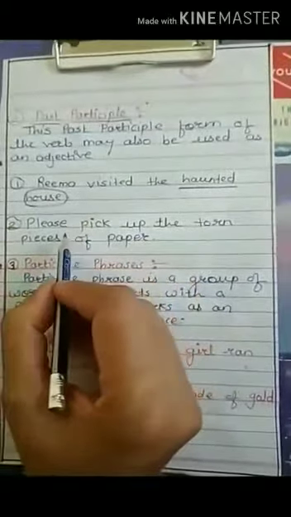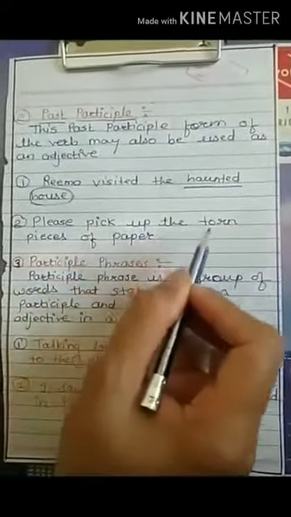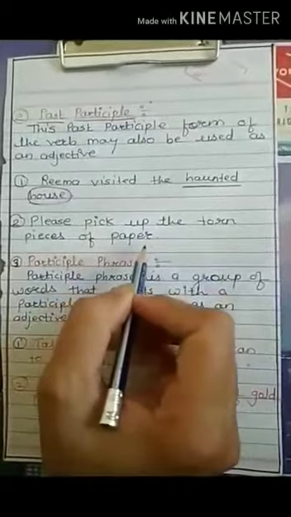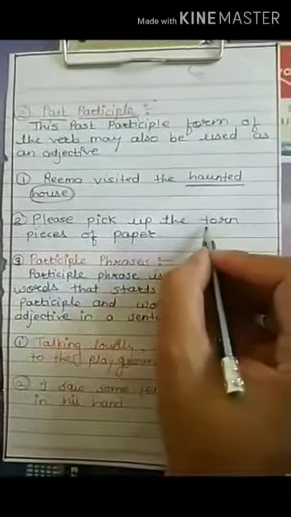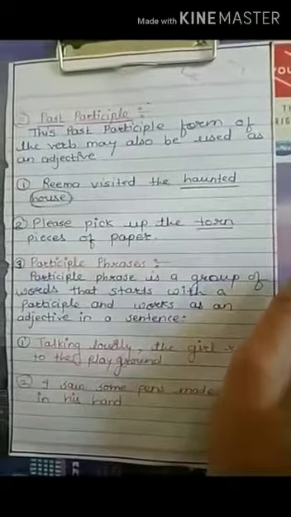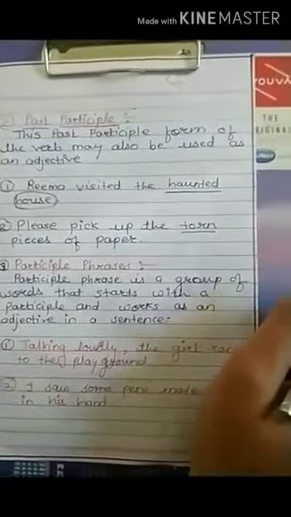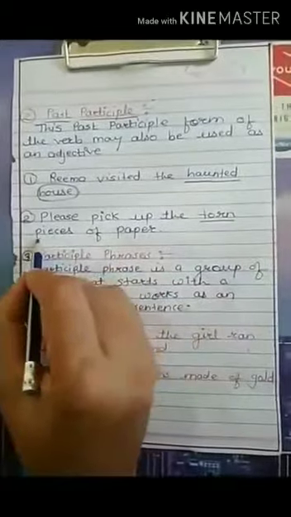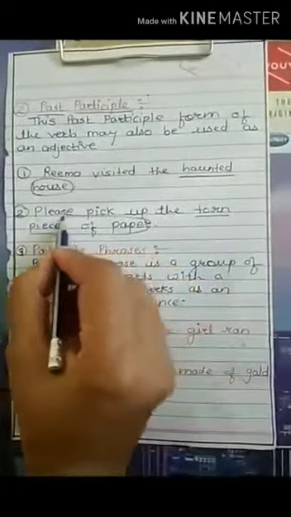In the second sentence, please pick up the torn pieces of paper. Here, torn is past participle adjective which qualifies the noun pieces of paper.